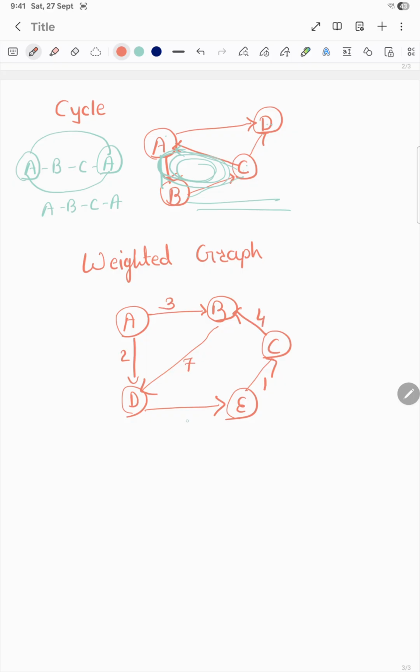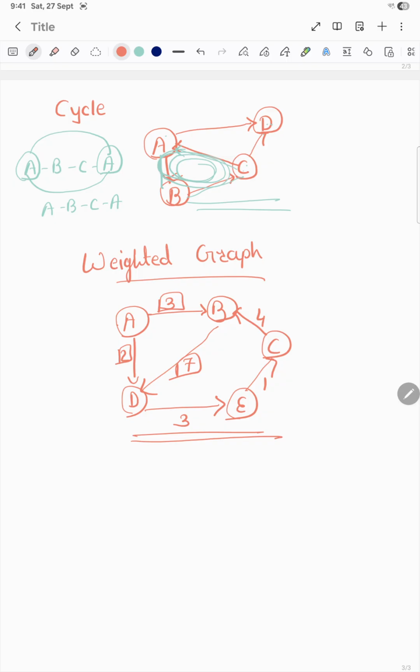If I randomly add some values, that is known as a label, or a weight. So that represents that reaching from A to D takes 2 units, from A to B requires 3 units, from B to D requires 7 units. So this kind of labeled graph is known as a weighted graph.